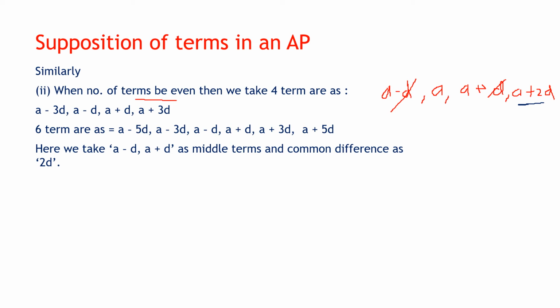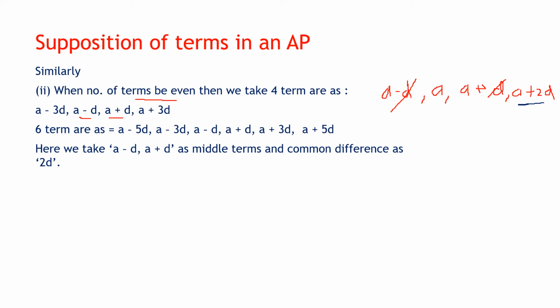So in the case of even terms, we have two middle terms. We have to take the two middle terms. We will take them a minus d and a plus d. Remember this very well. When the terms are even, you take a minus d and a plus d. When the terms were odd, you took a.